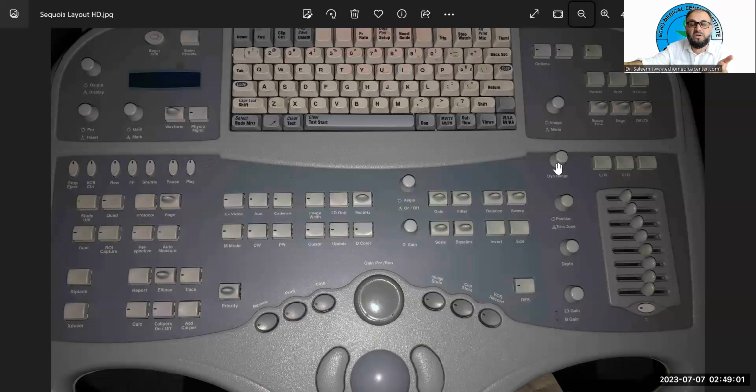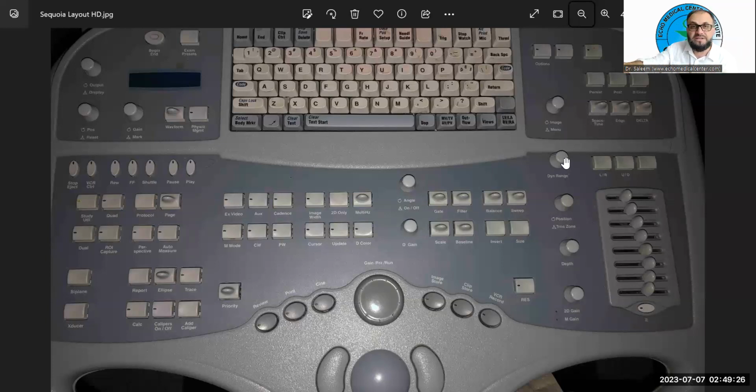Why, and how will it give me a good image quality? Because it will ignore all the low-level echoes coming from that fluid. Any type of fluid can be like this: bile, urine, simple fluid, pericardial effusion, pleural effusion, or blood in a vessel or in a chamber somewhere.